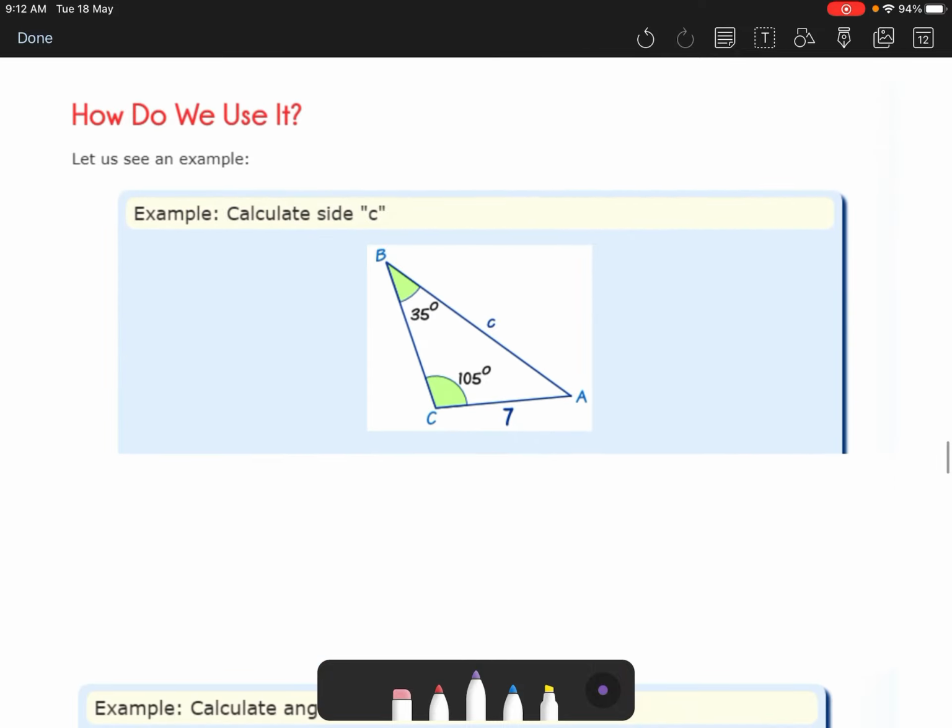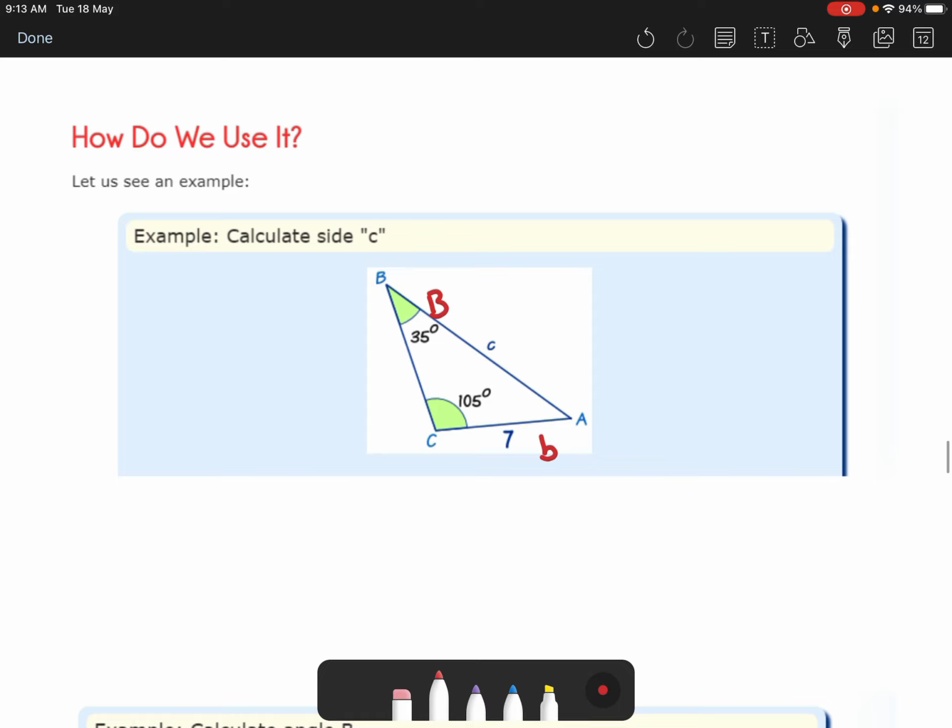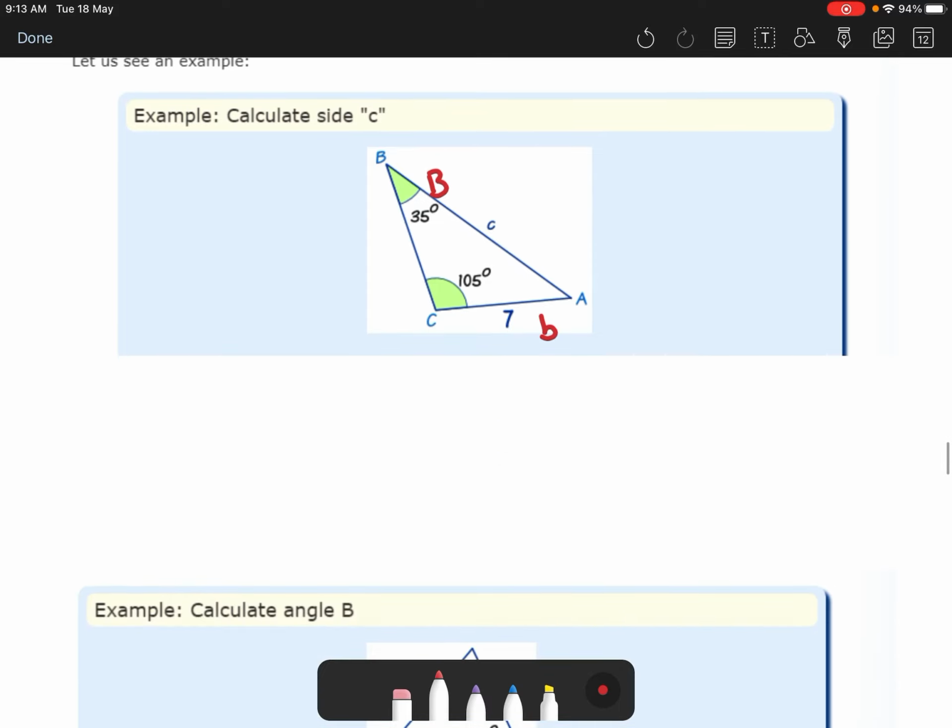So how do you use it? Let us see an example. For this example, we want to calculate what is side c. If we look, we have angle B right here, and we have length b. So we just use the sine rule. 7 over sine 35 degree is equal to side c over sine 105 degree.